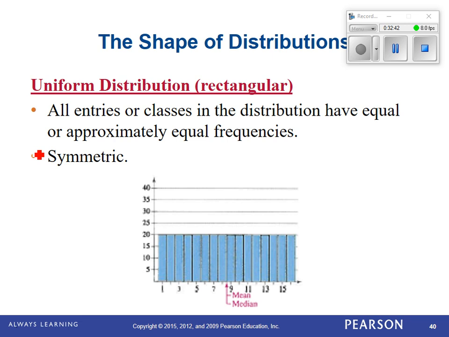Uniform. I was hoping it was the last one, so I'd have more time to think about it. If it's uniform, it just goes straight across, everything's exactly the same or close to the same. Again, it doesn't have to be exact. Here I put symmetric on here because if it's uniform, is it still symmetric?